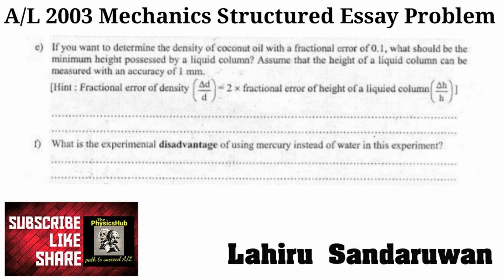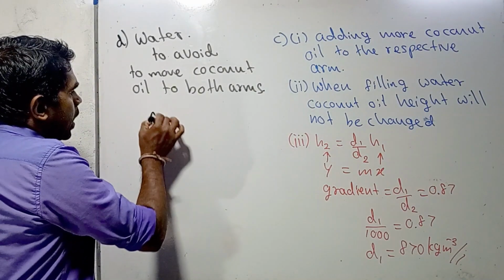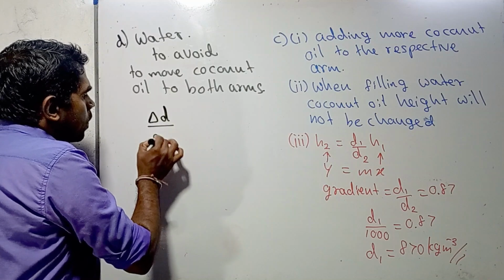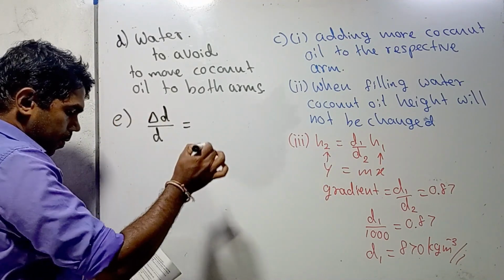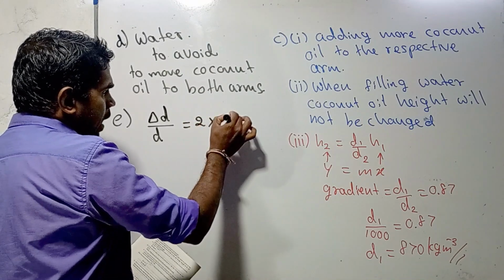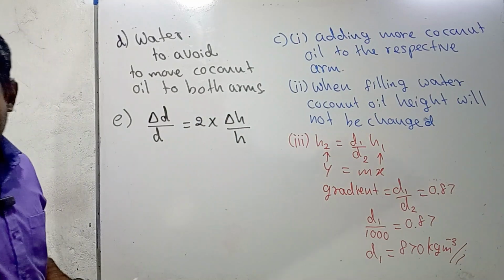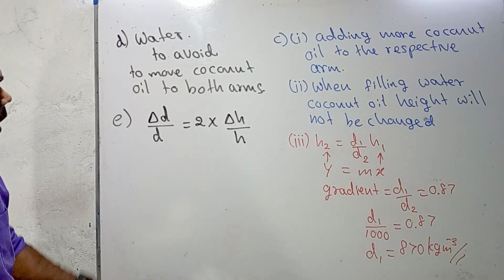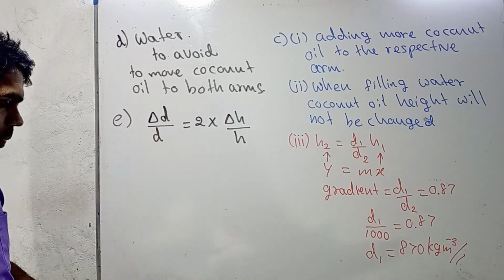Fractional error of density, delta D divided by D, equals 2 times the fractional error of the height of the column. We have not studied an equation like this in the theory part. It is given in the question.